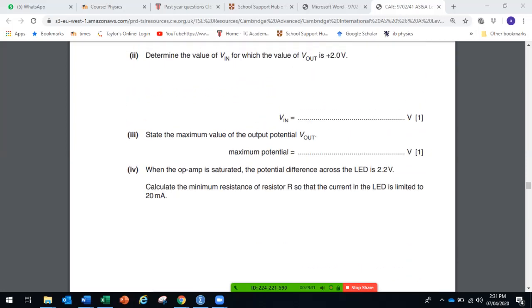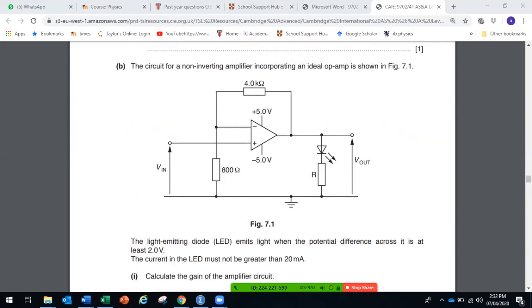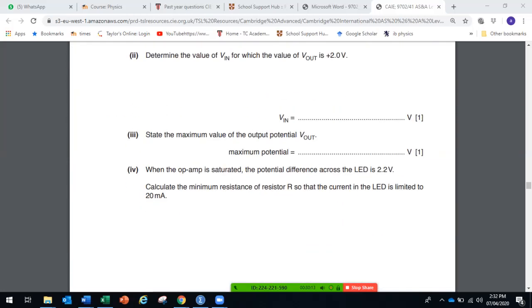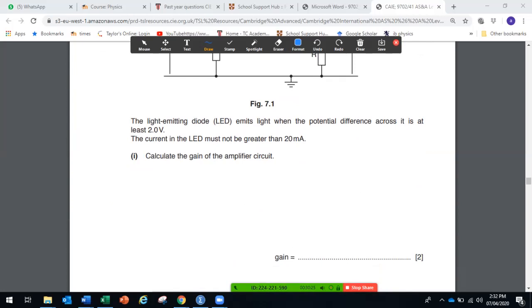R is V over I. They're asking what is the minimum resistance of R. The current here is 20 milliampere, and the whole line is 20 milliampere.